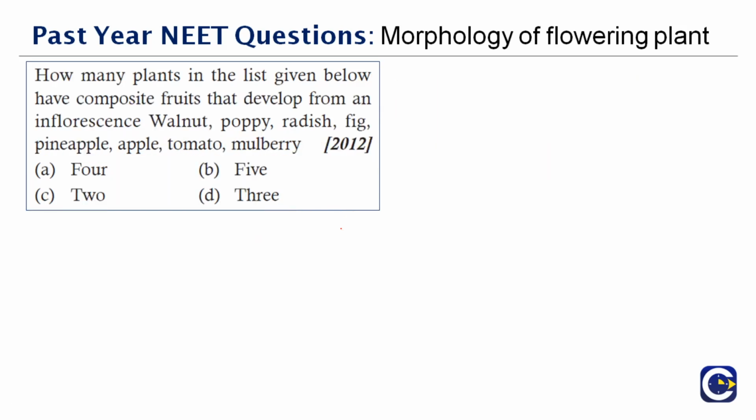Next question here. How many plants in the list given below have composite fruits that develop from inflorescence? You're given walnut, poppy, radish, fig, pineapple, apple, tomato, and mulberry. So we need to discuss what inflorescence is first.